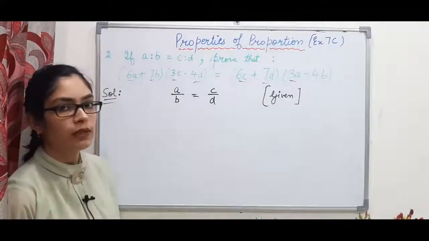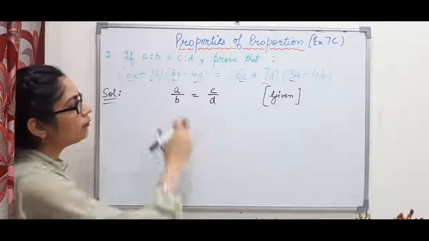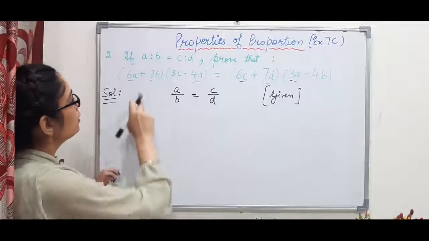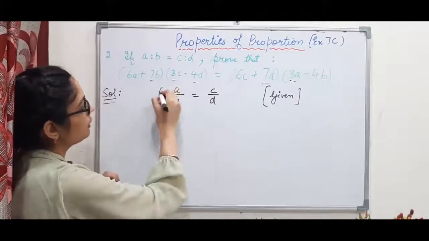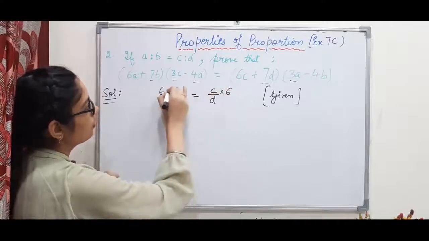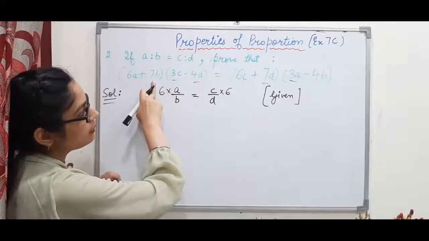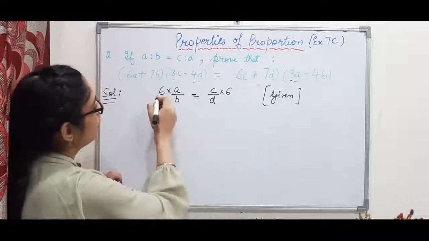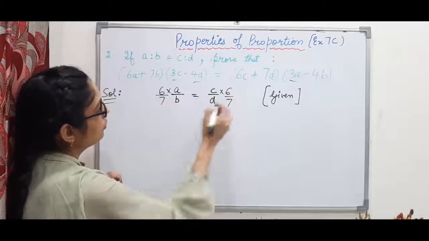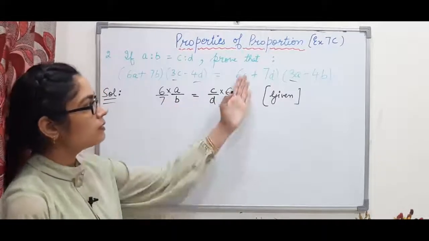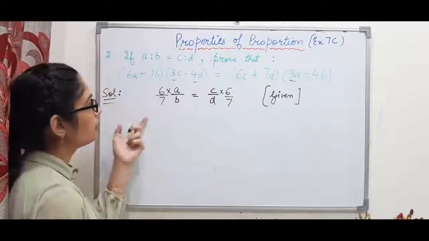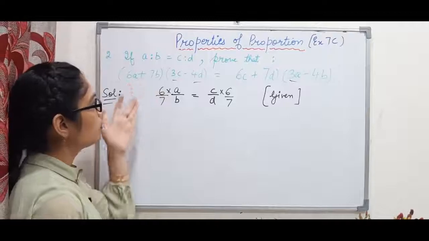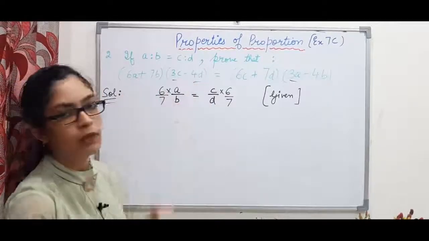You just have to keep all the properties in mind while doing this question. With A and C, first 6 is there, so let's multiply with 6. With B, 7 is there, and here also 7. Because 6 and 7 are written together, that is why 6 by 7. I didn't do it like 6 by 4, because with B and D 4 is also there.